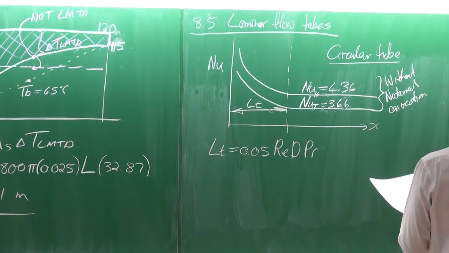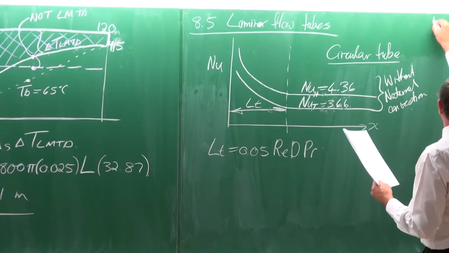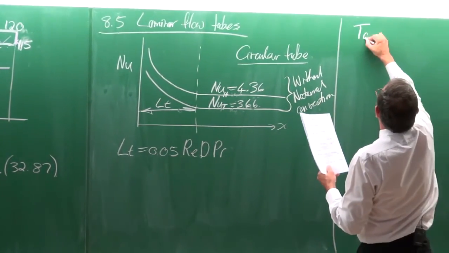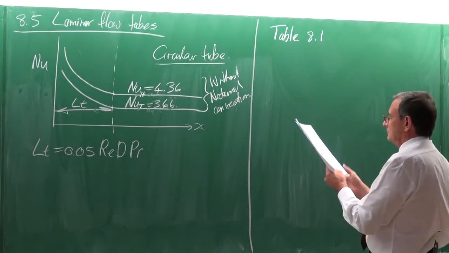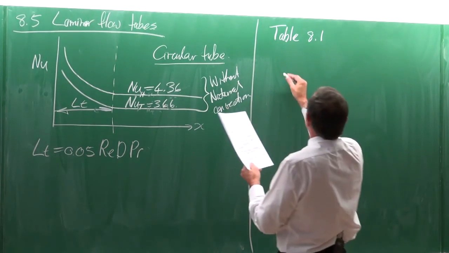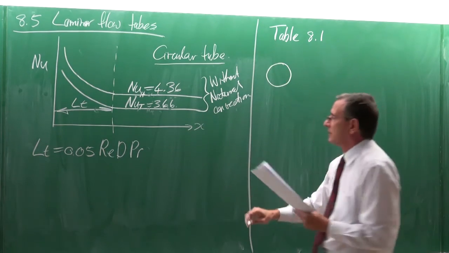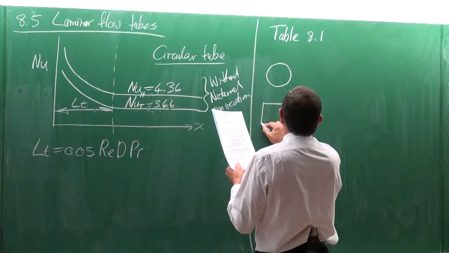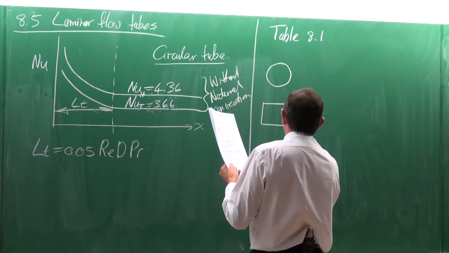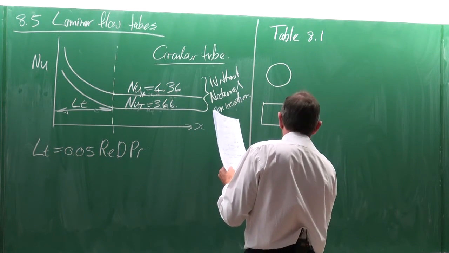So, for example, in your textbook, in table 8.1, it would give you, for geometries like the circular one, it would give you for a rectangle, for an ellipse, and for a triangle.